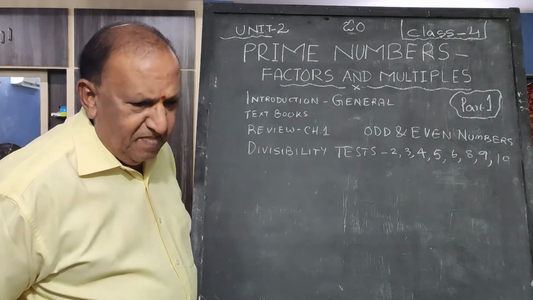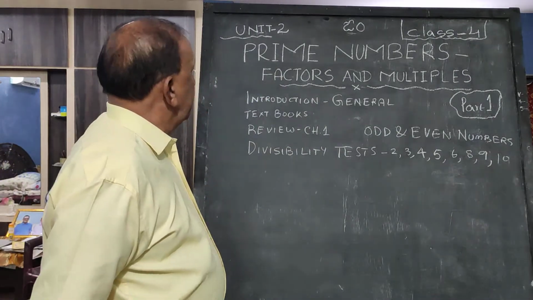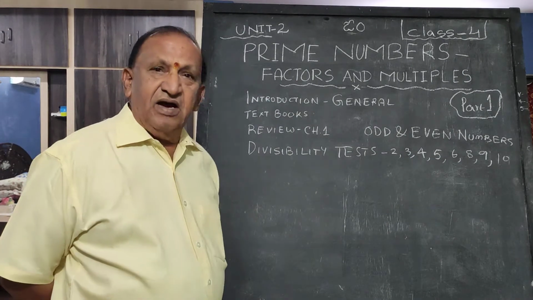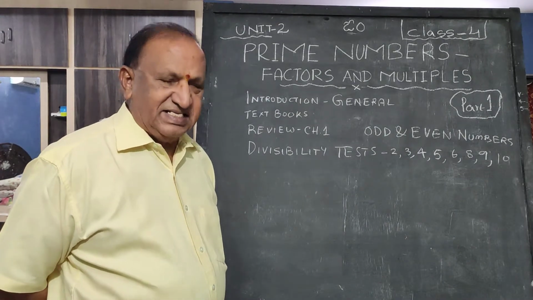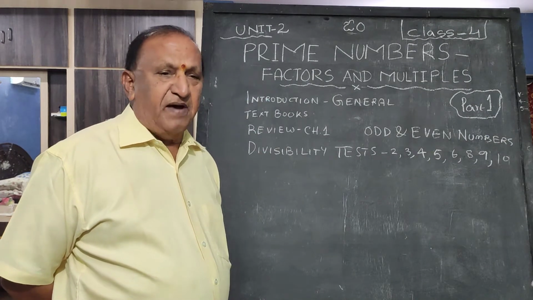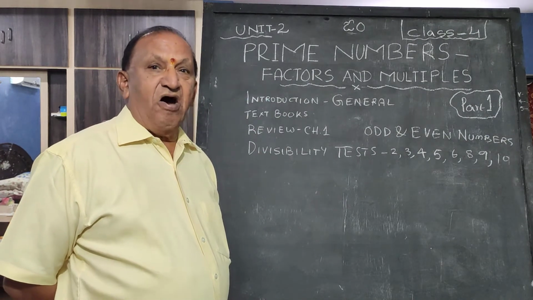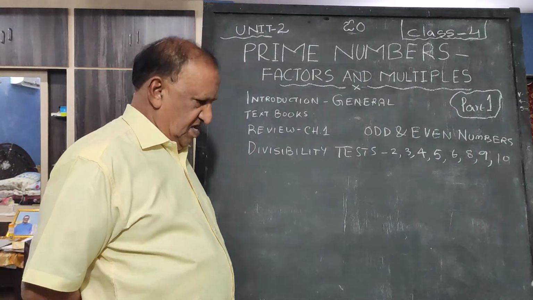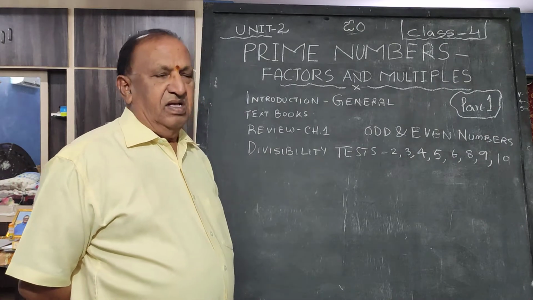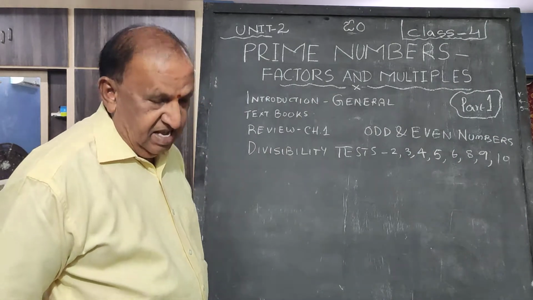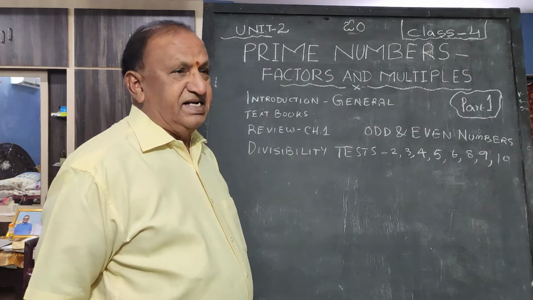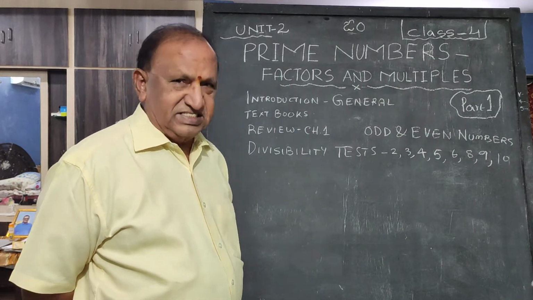Last few days back, I taught you Unit 1. There, we have several exercises. That chapter is about large numbers. There we studied what is the greatest number, what is the smallest number that can be formed with 3 digits, 5 digits, 2 digits, like that.